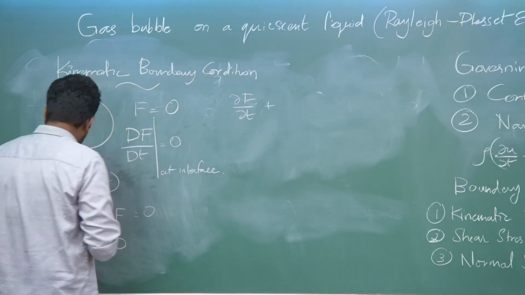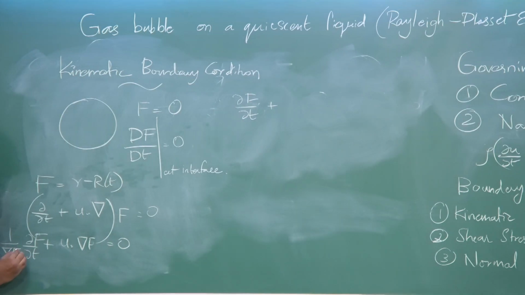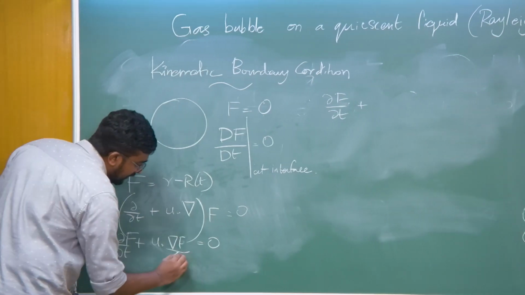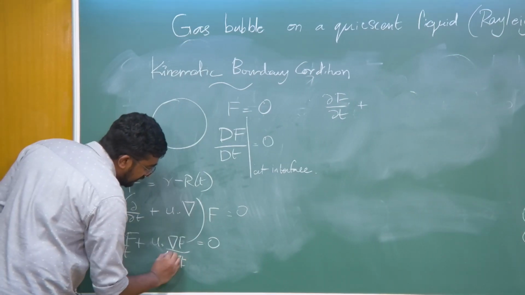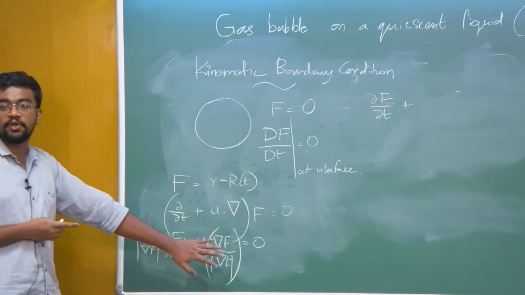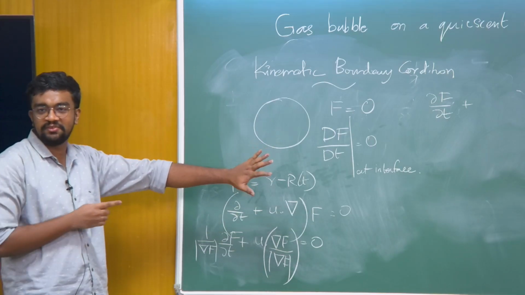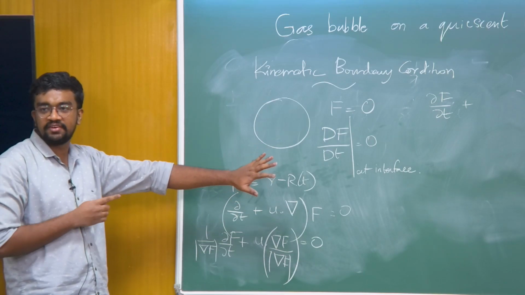So, here what I will do is, I will divide the entire expression by magnitude of grad F. I do this so that this expression corresponds to the normal to that interface. All these are mathematical jargons. If it is not clear to you, you can refer to Gary.